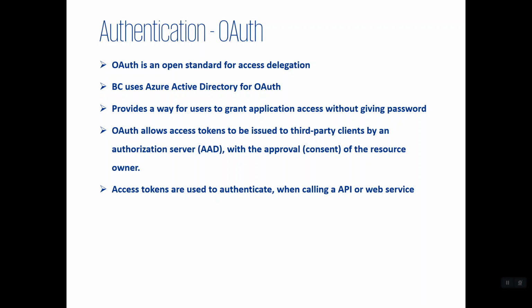This is a secure way of integration for the online version. While interacting, third-party applications have to submit the access token. Business Central takes that access token and checks with Azure Active Directory whether the access token is valid or not. If it is valid, only then will it provide data back to the requester.